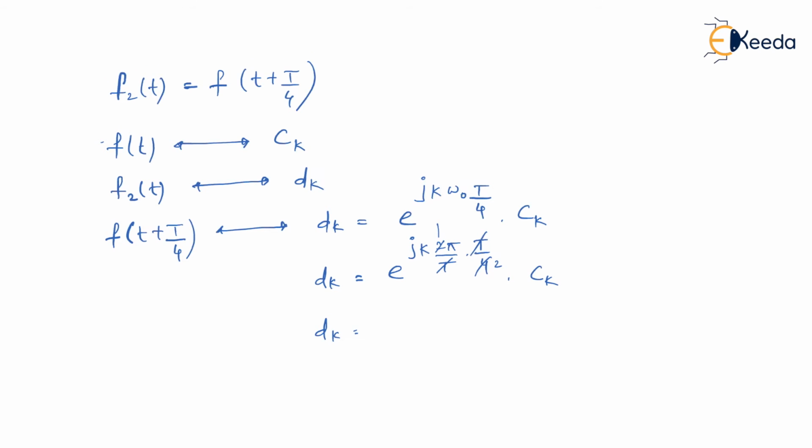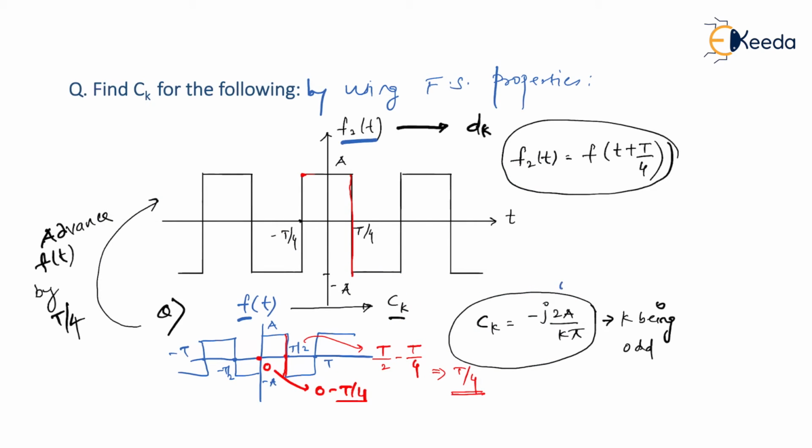So finally, dk is equal to e to the power j k pi by 2 times ck. Is that right? Let me remind you what ck was. ck is minus j 2a by k pi, k being odd.